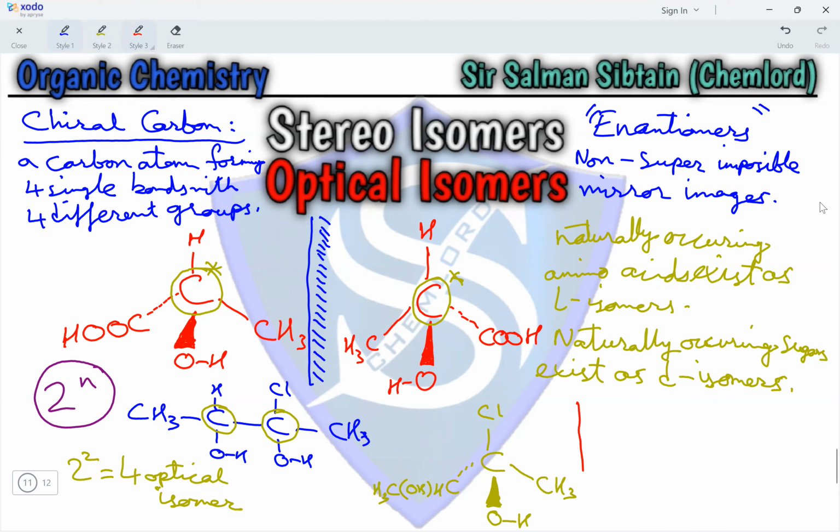And its enantiomer or optical isomer will have the CH3 group on the left, the CHOH CH3 group on the right, the Cl at the top, and the OH group on the bottom represented in its 3D structure. So these are the four possible optical isomers of the given compound.